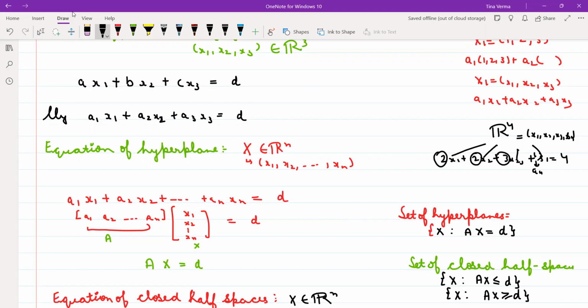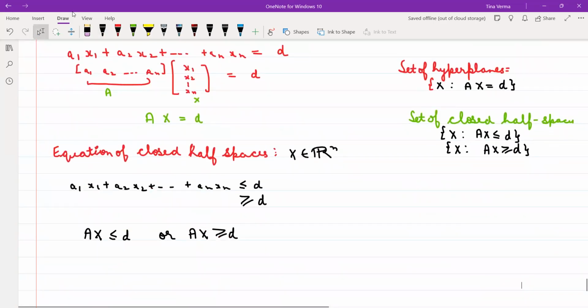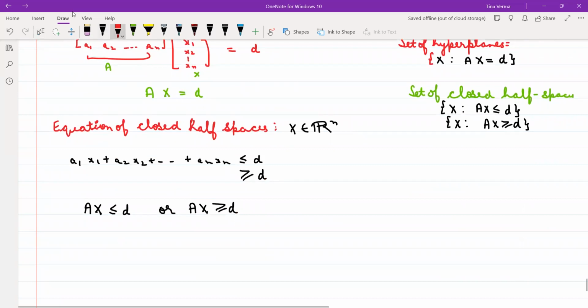And the case where it is strictly less than D, I am going to discuss that. When you are talking about strictly less than, that represents the equation of open half spaces.